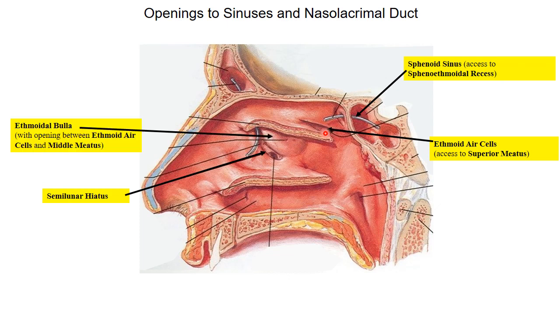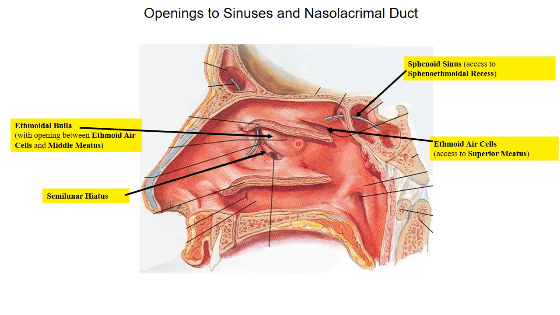And then we're going to go down here to the middle meatus, and that's where it gets a little bit complicated. There's lots going on in here. There are essentially four different openings to air sinuses right down in the middle meatus. Now, to appreciate these openings, we first have to point out two different features. There's a big bump right underneath the middle concha, and this is called the ethmoid bulla.